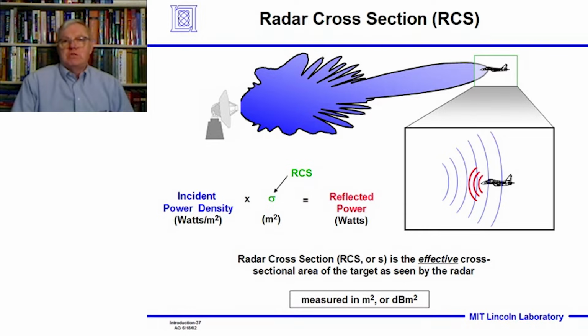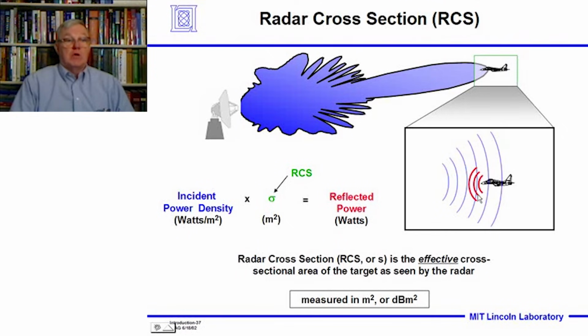Okay, now we're going to have just a little bit more. I probably said 3 sentences before about the radar cross-section. I want to now spend a view graph. We're going to have a whole lecture on the radar cross-section of targets. As we mentioned when I went over very quickly in the radar equation, what we have is an incident power density of watts per meter squared, power per unit area.